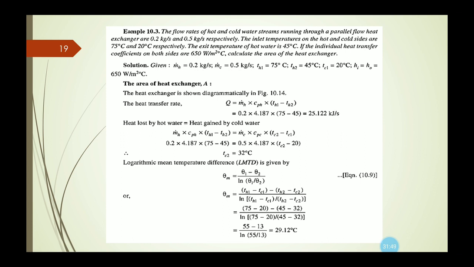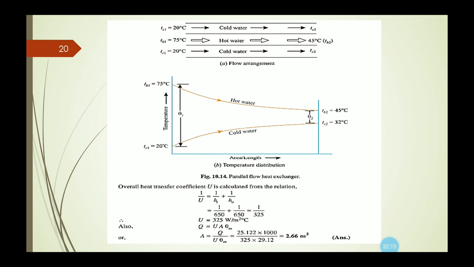Now we need to calculate the area of the heat exchanger of this parallel flow. We need to use the LMTD formula for the logarithmic mean temperature difference. From the earlier discussion, the formula for the LMTD equals theta 1 minus theta 2 divided by ln theta 1 by theta 2. What are these theta 1 and theta 2?